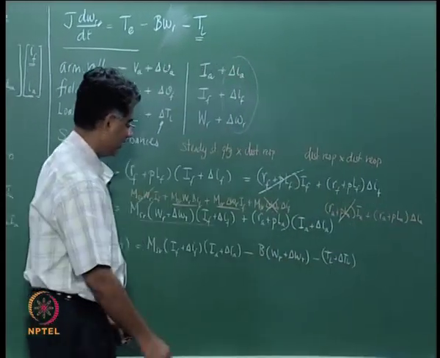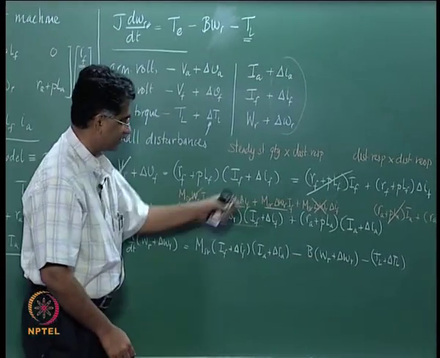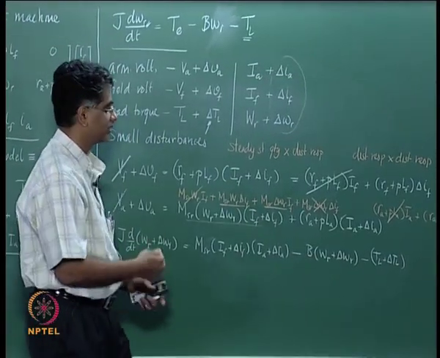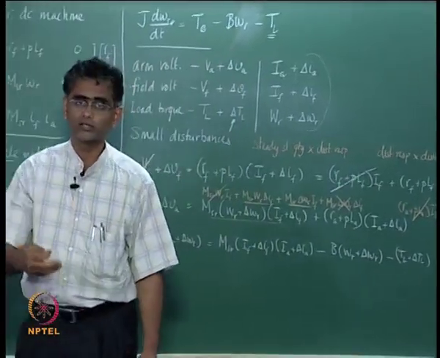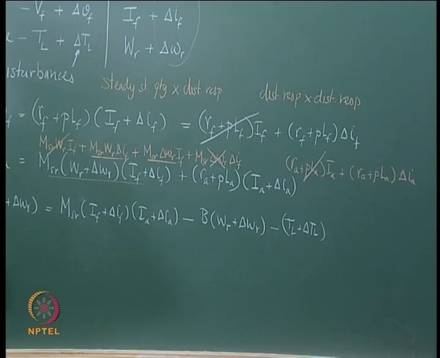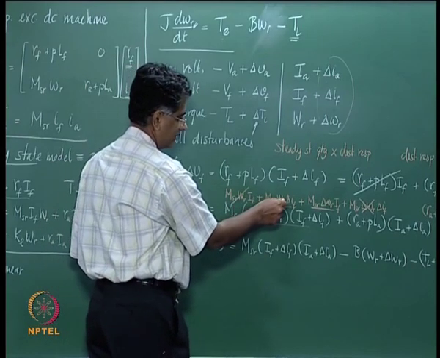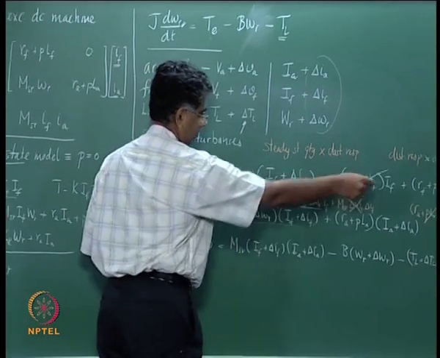So, this is fine. We can simplify this expression by neglecting terms that involve disturbances multiplied by other disturbances, and therefore delta VA simplifies to, on the RHS, this term and the last term.